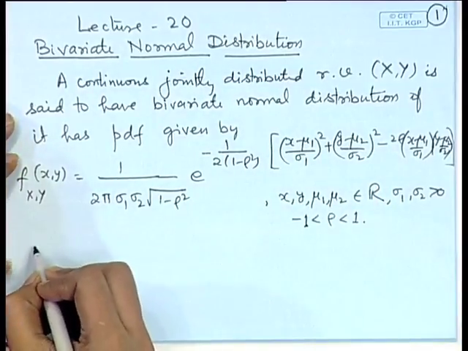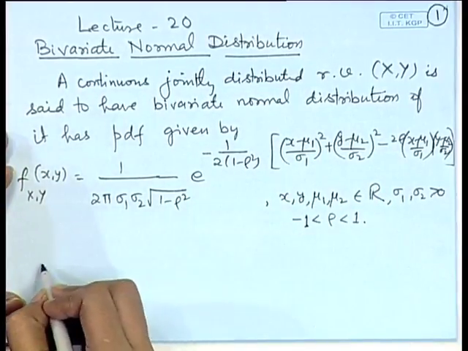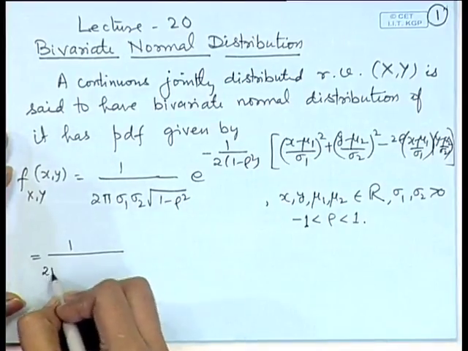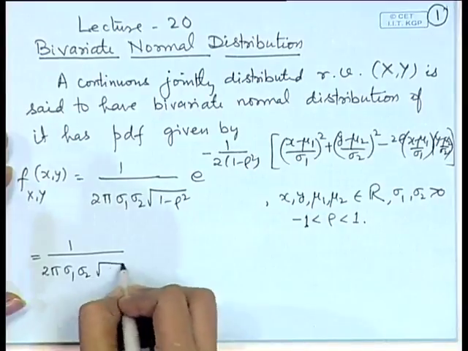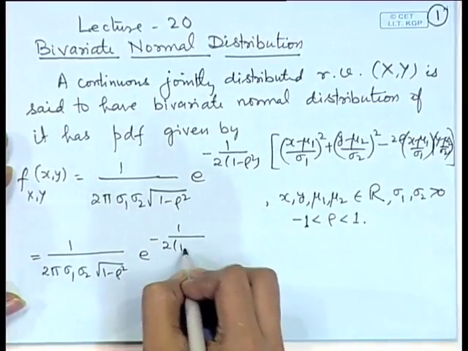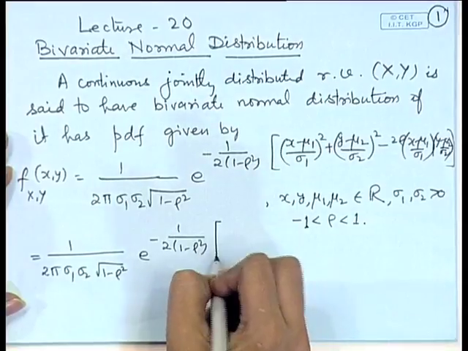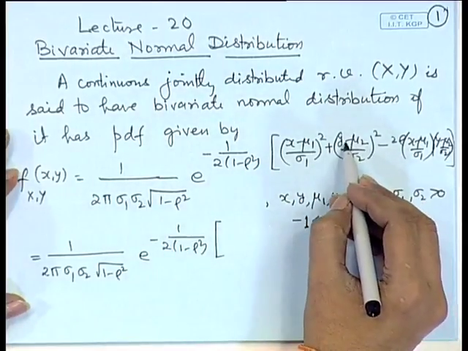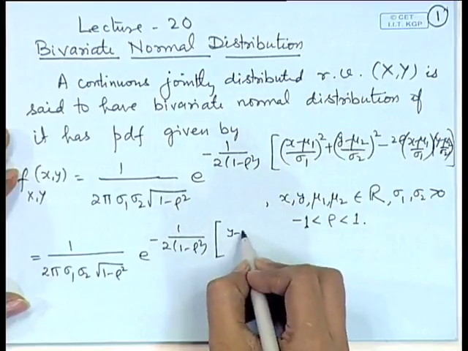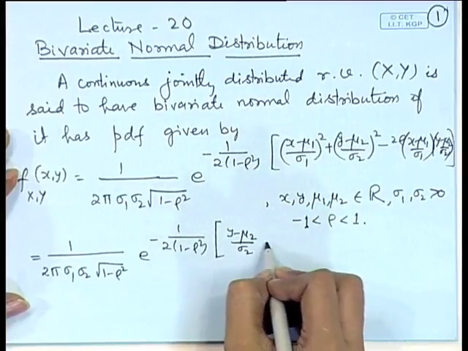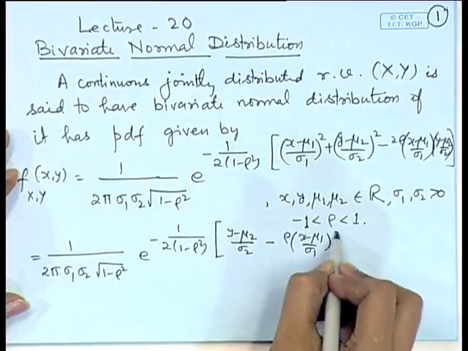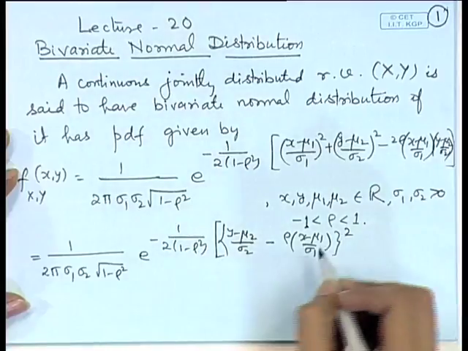So, we can factorize it as 1 by 2 pi sigma 1 sigma 2 root 1 minus rho square, e to the power minus 1 by 2(1 minus rho square). Here, if we make a square in y, then we have (y minus mu 2 by sigma 2 minus rho (x minus mu 1) by sigma 1) whole square.